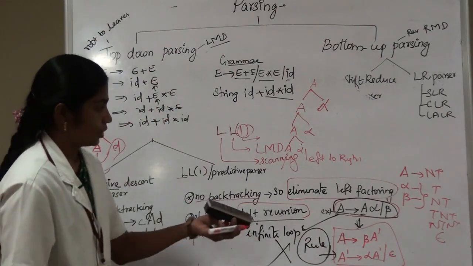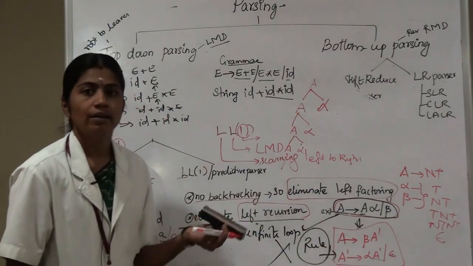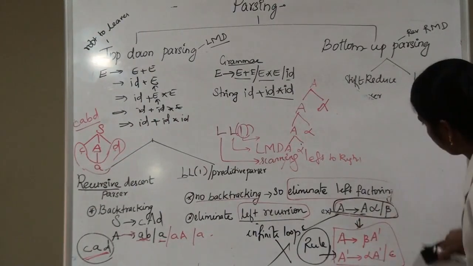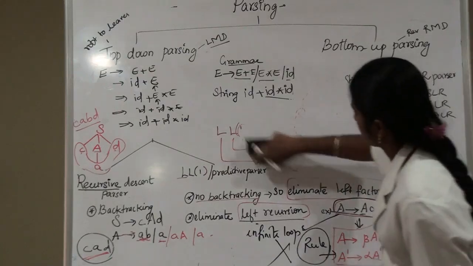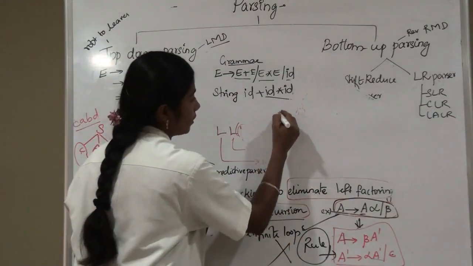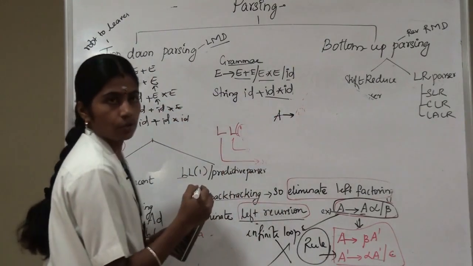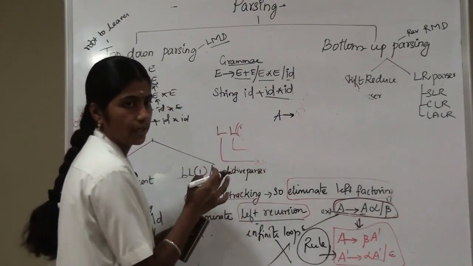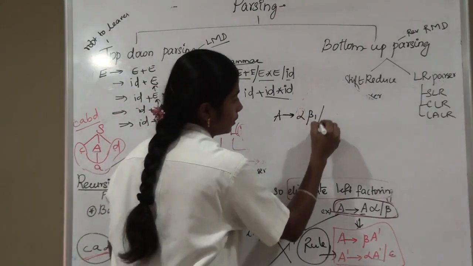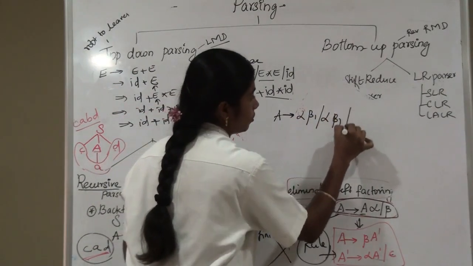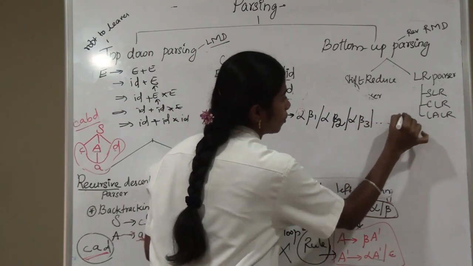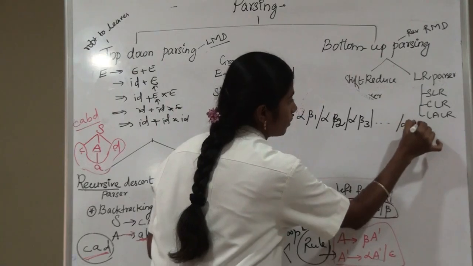This is left recursion. Like that, you have a rule for left factoring. Left factoring, as I told you, is when you have common terms in all your alternatives. So you have a production A derives alpha beta 1 slash alpha beta 2 slash alpha beta 3, and like this it goes on till alpha beta n.